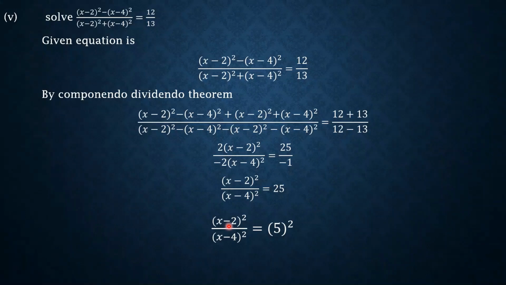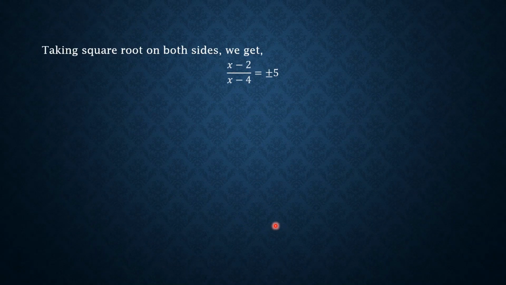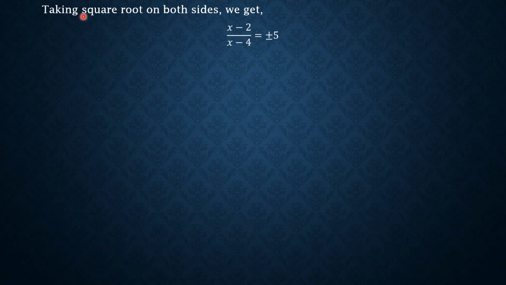Now we can write 25 as 5 square, and after taking square root on both sides, we get x minus 2 over x minus 4 equal to plus minus 5, as the square will be cancelled by the square root. Now this can be written as x minus 2 over x minus 4 equal to plus 5, and x minus 2 over x minus 4 equal to minus 5.